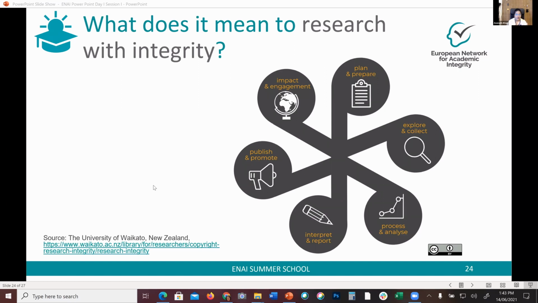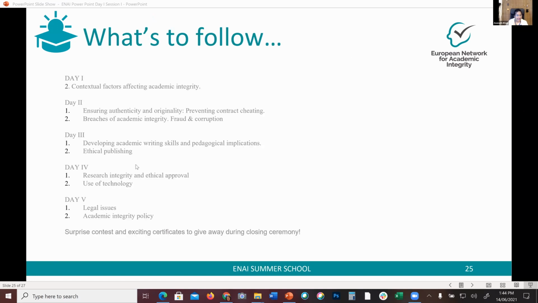The whole scandal was that this guy said he had done his test on a data set, but when they tried to find out what the source of the data set was, there wasn't one, right? So collecting data, analyzing it, interpreting, and then publishing it. All of those processes need to ensure you've got integrity in the way you're doing it. With that, we come to the end of today's session.